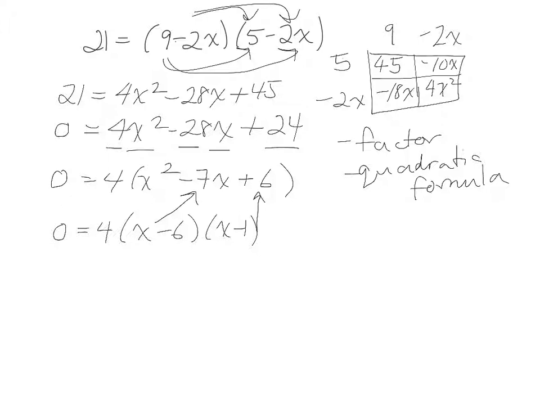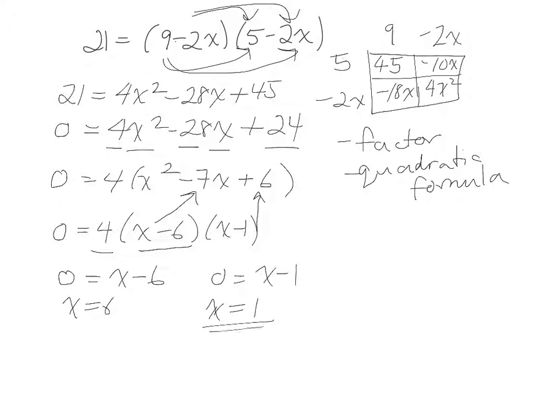Okay, and again I'm setting it equal to 0 and solving, so this is obviously not going to be the correct answer. x minus 6 equals 0, so x is 6 in this case, or 0 equals x minus 1, where x is equal to 1. So those are the 2 possibilities.